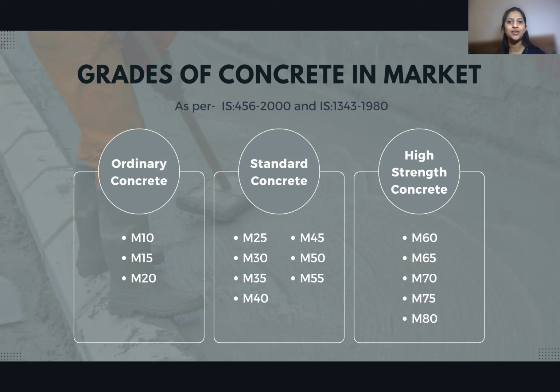So across India, the rates start from 3,800 up to 5,000. It is not like 5,000 is an end. It can definitely be above that also, based on the quality or the brand of the concrete or the cement that you will be choosing. So that is where standard concrete comes into the picture.